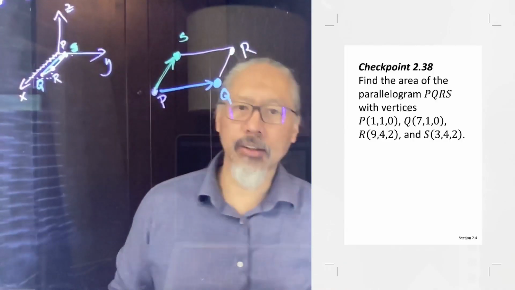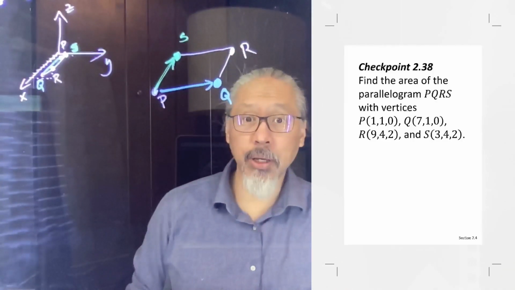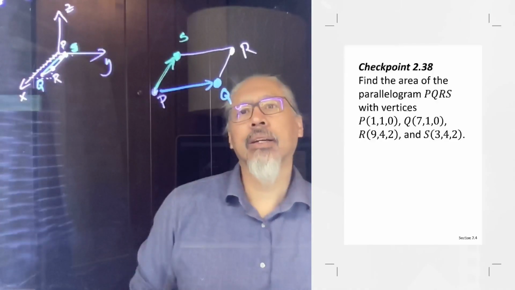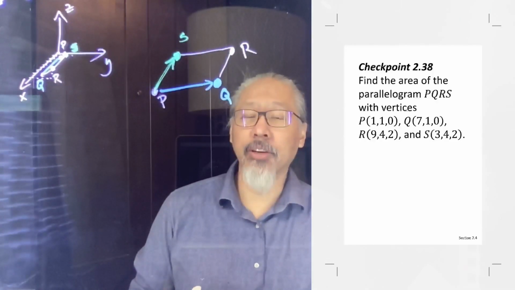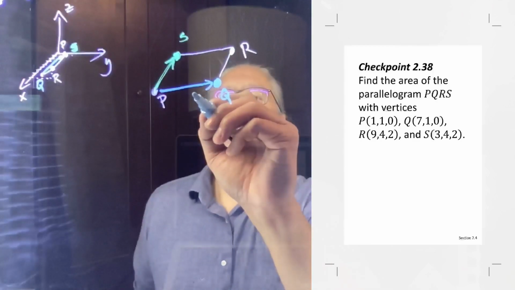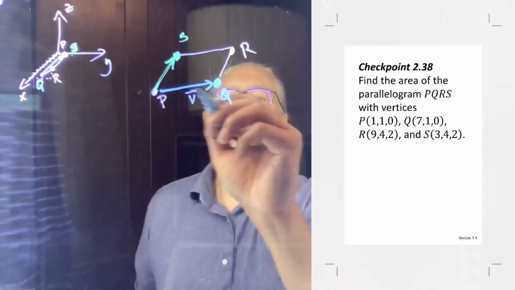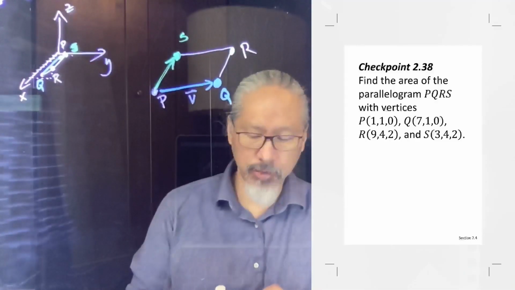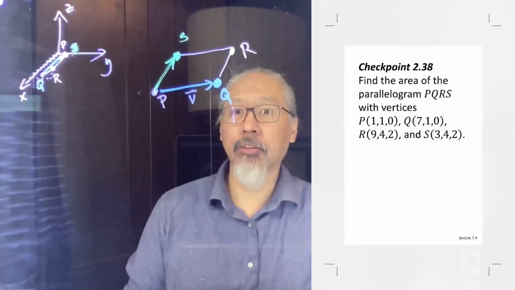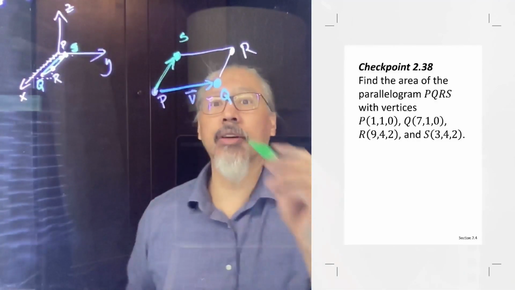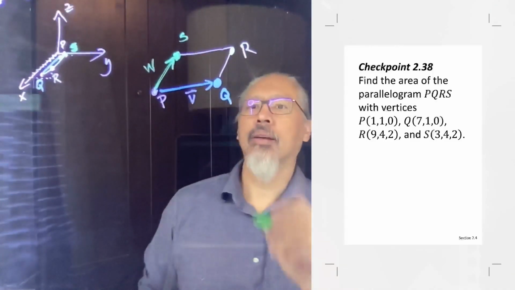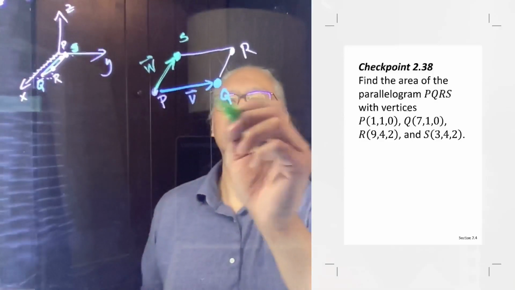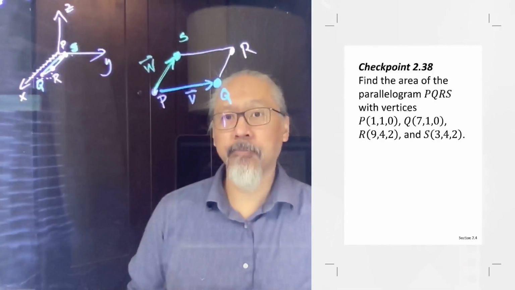Notice the two vectors I just drew from P to Q and P to S. These are the vectors we're going to be interested in. Let's call the vector going from P to Q V, and the vector going from P to S W.